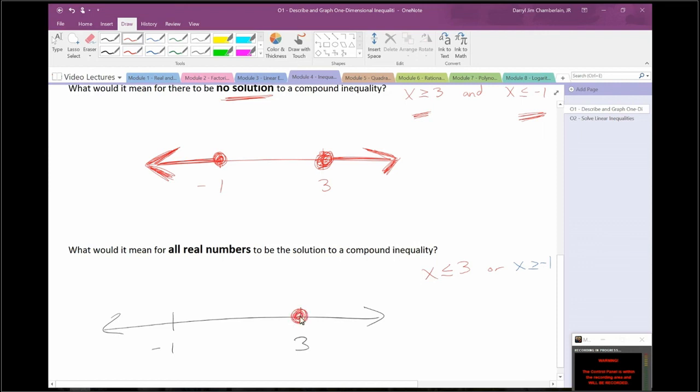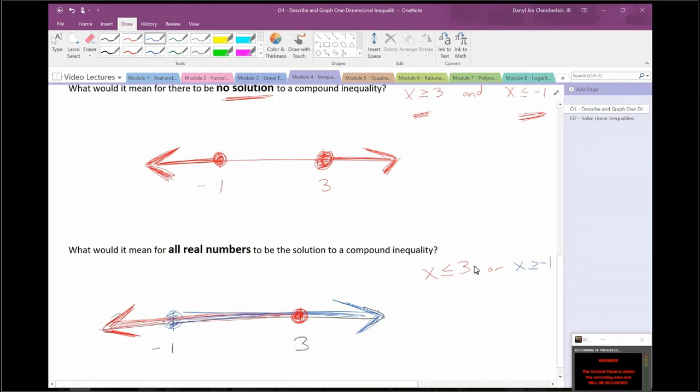So now in one case, I'm looking at all of the numbers that are less than 3. And then in the other case, I'm looking at all of the numbers that are greater than or equal to negative 1. And you can see that I've now colored in the entire number line. So I can describe all numbers as either smaller than 3 or greater than or equal to negative 1.